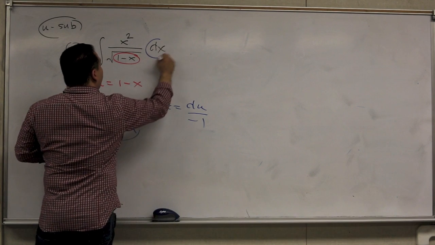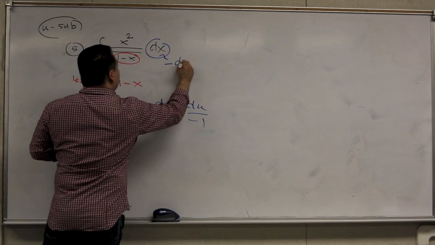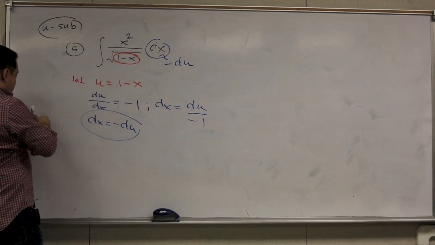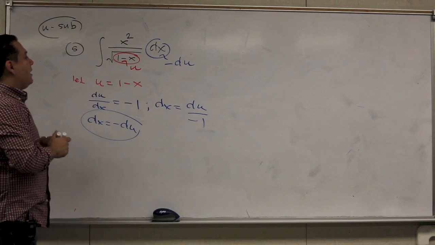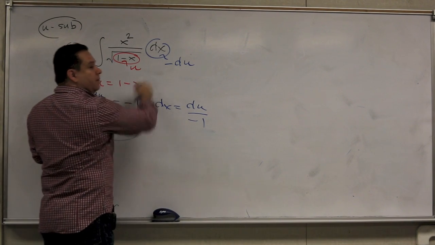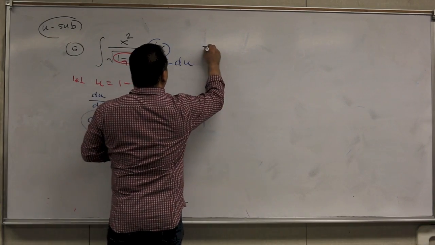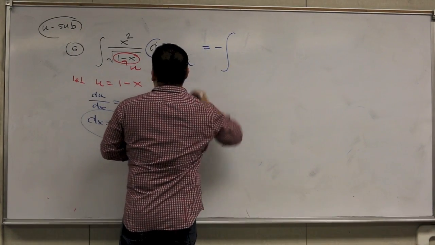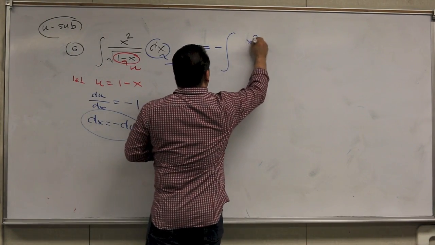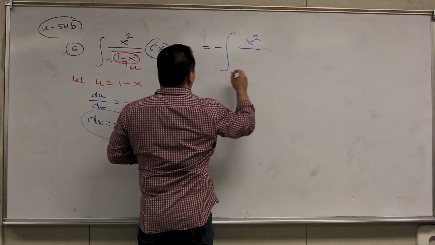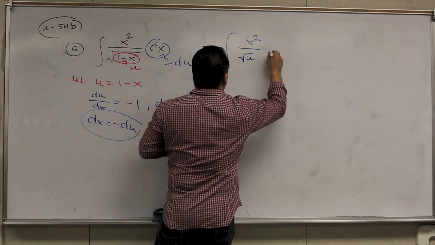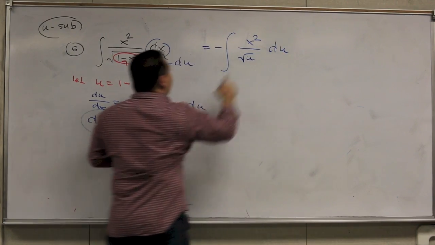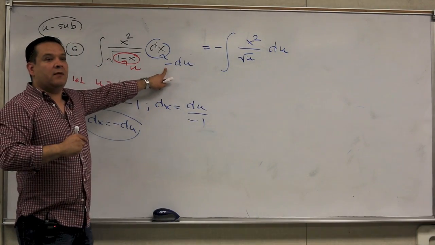So this is going to be replaced with a minus du, while this is replaced with a u. So what happens? That's a constant, right? So I pull out my negative constant, and I have my x squared on top, and then the square root of u on bottom, and then what do I have? A du. I know that's negative du, but I already pulled out the negative sign.